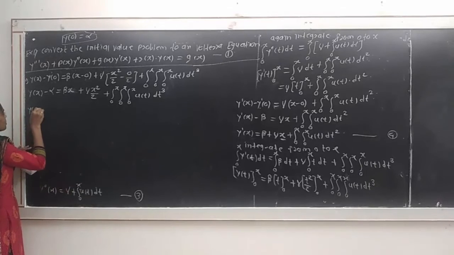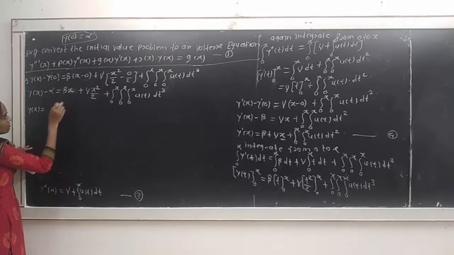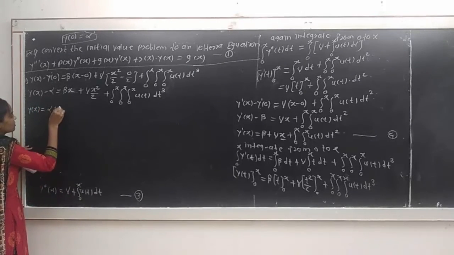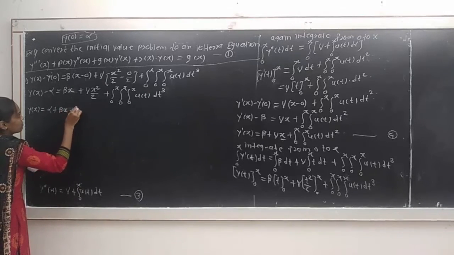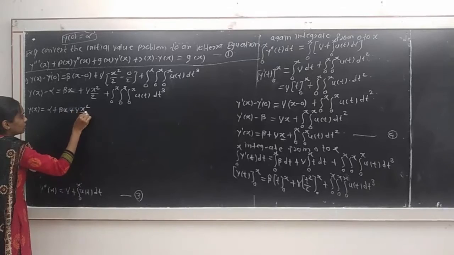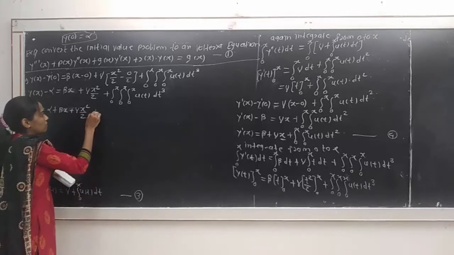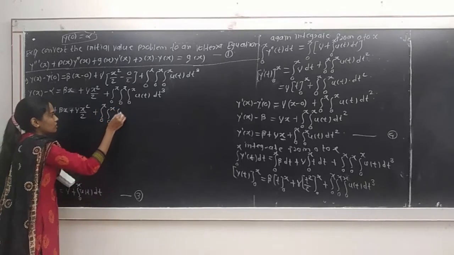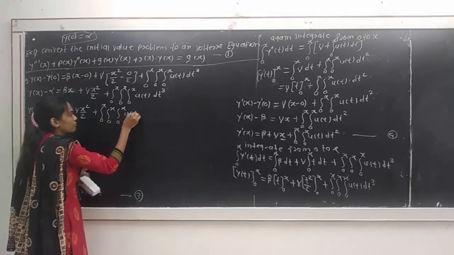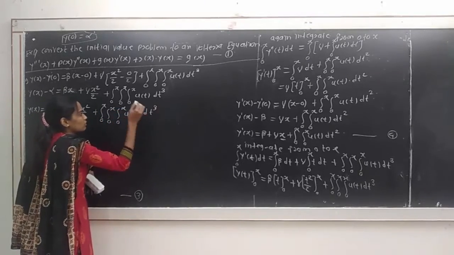That is y of x is equal to, we shift this alpha to this side, alpha plus beta into x plus gamma x square divided by 2 plus the integration from 0 to x, from 0 to x, from 0 to x of u of t dt cube.